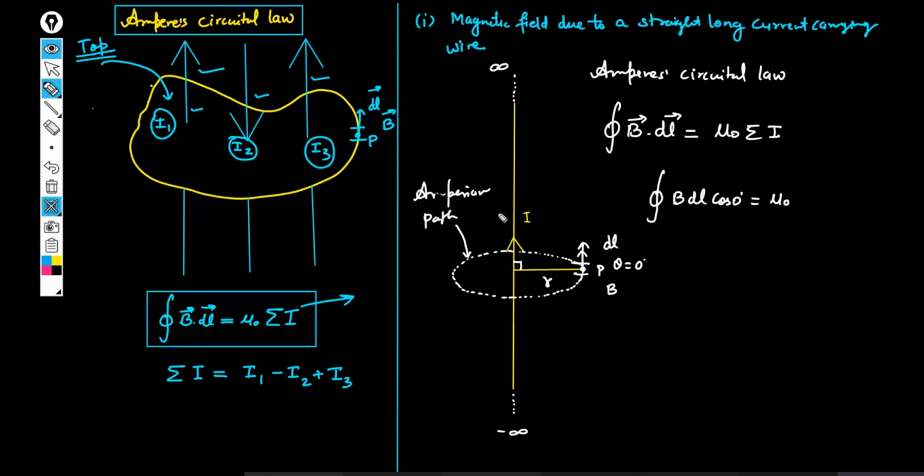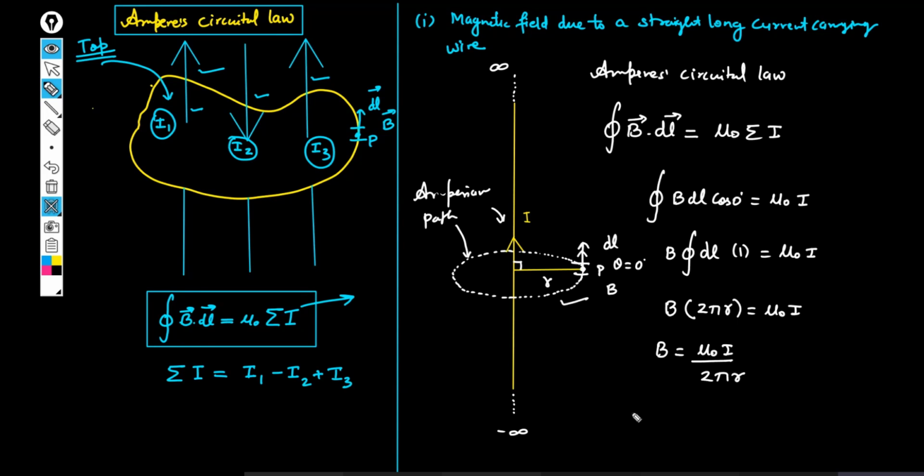Now summation I, you can see from the top, it is I only. B outside the integration, closed integral dl cos 0 is 1, equals mu naught I. Now the integration of dl is the length of this Amperian path, which is here 2 pi r. So B equals mu naught I upon 2 pi r.